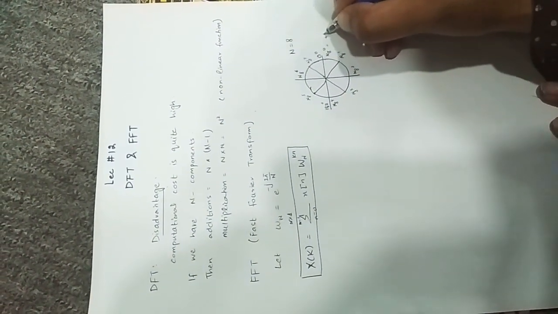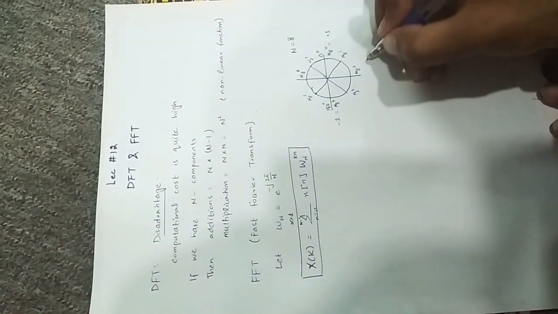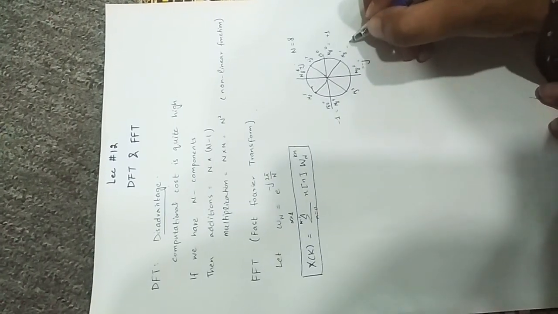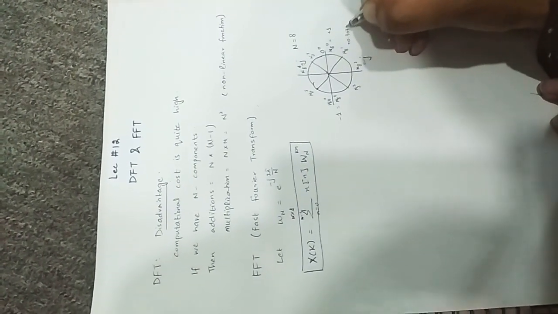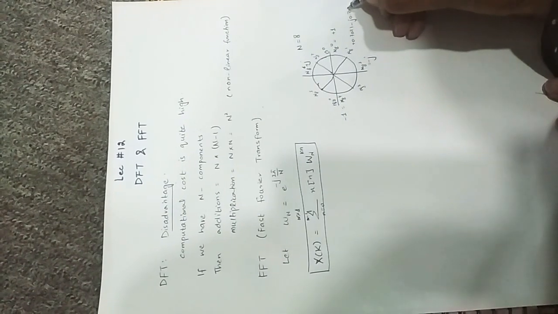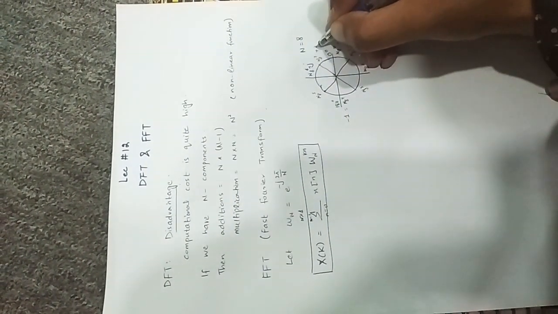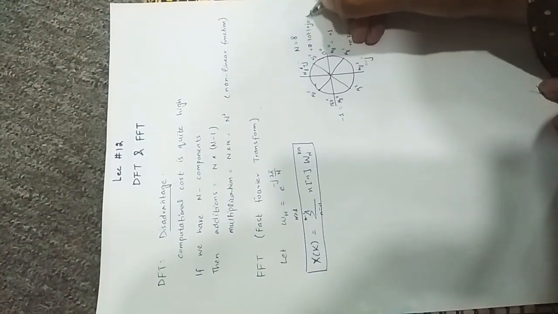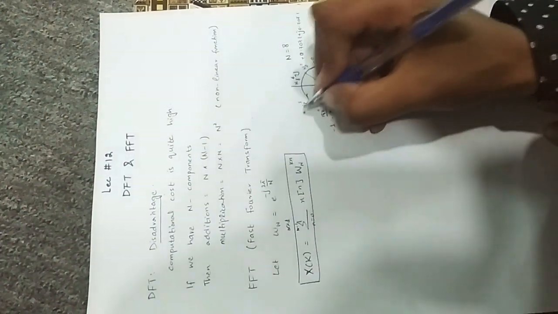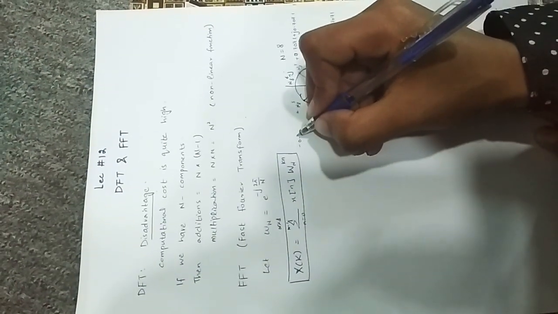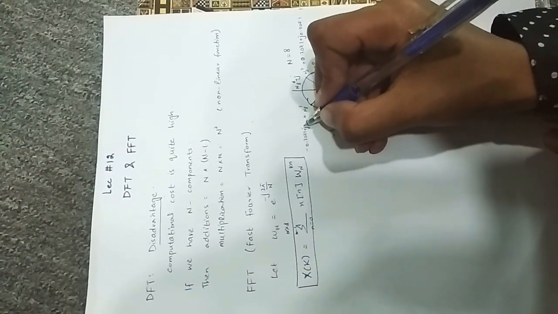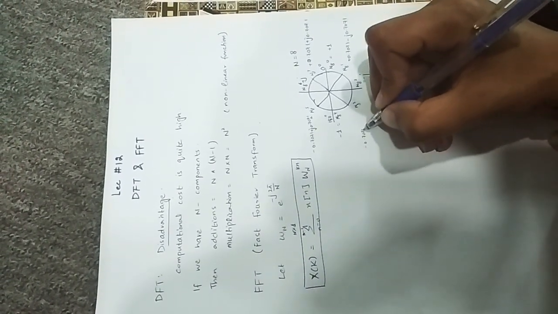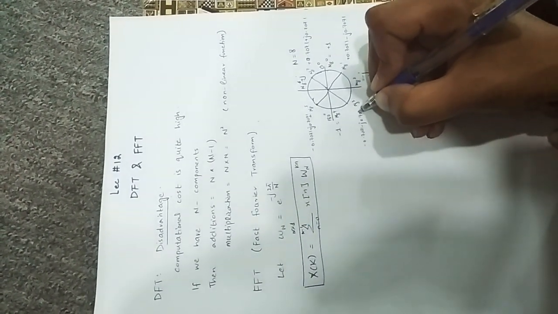Here we have plus 1 and minus 1, similarly minus j and plus j, and here 0.7071 plus j 0.7071, and here it will be minus 0.7071 plus j 0.7071, and it will have both negative values here as it is in the third quadrant.